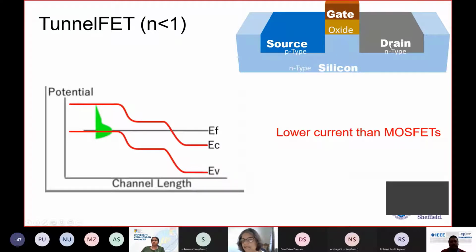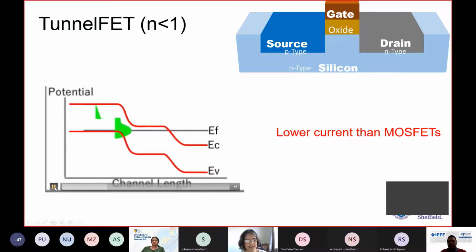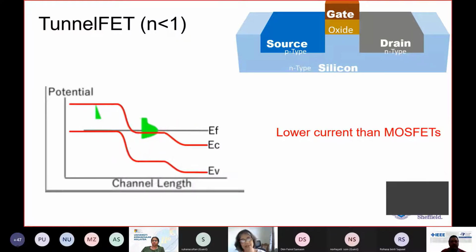And in a TunnelFET, what is done is that you swap one of these source or drain to the opposite polarity of the doping. And as a result of this, instead of the tail end going from the source to the drain, it's the bulk of this Boltzmann's distribution which tunnels through the channel region.